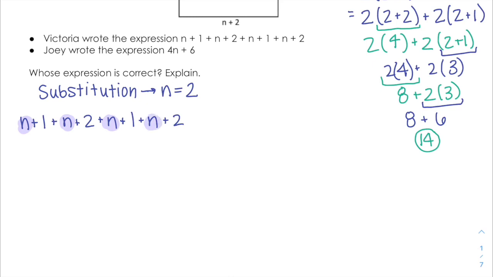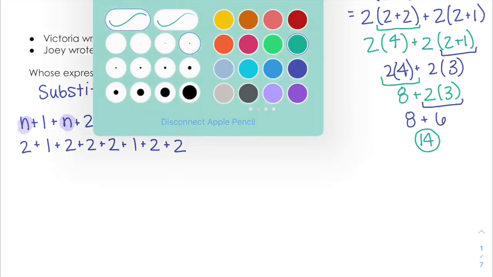Again, we're going to substitute n with the number 2. So we have 2 plus 1 plus 2 plus 2 plus 2 plus 1 plus 2 plus 2. I'm not going to do the order of operations on this one just because it's simple addition. We're just going to add these up.